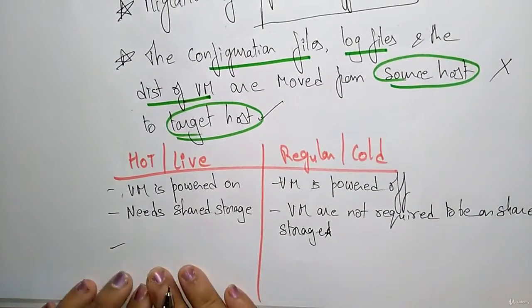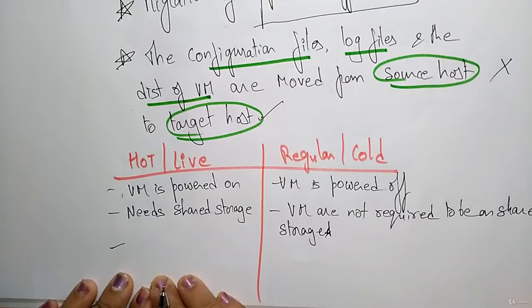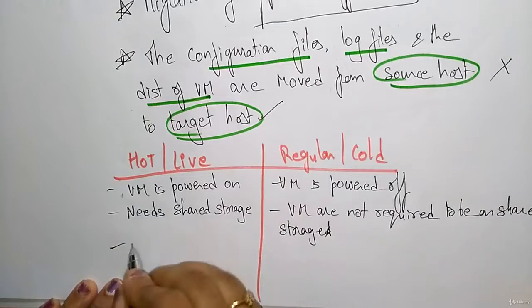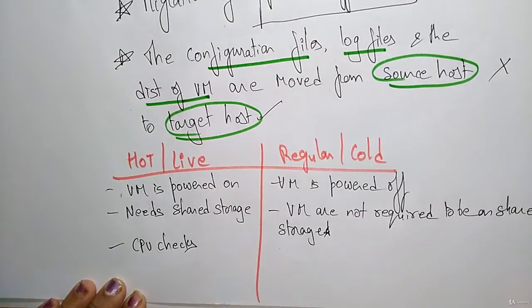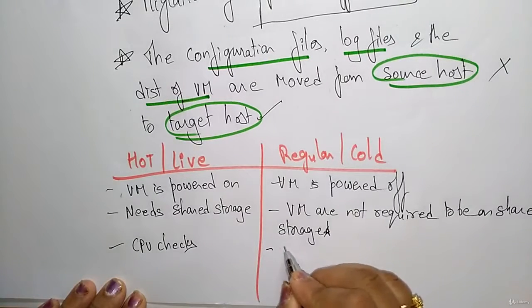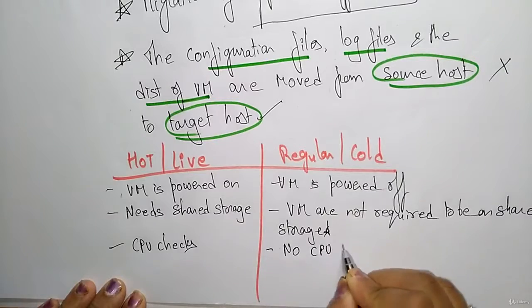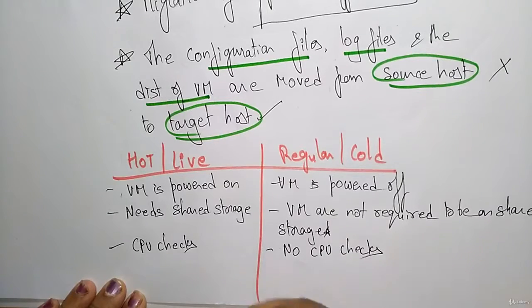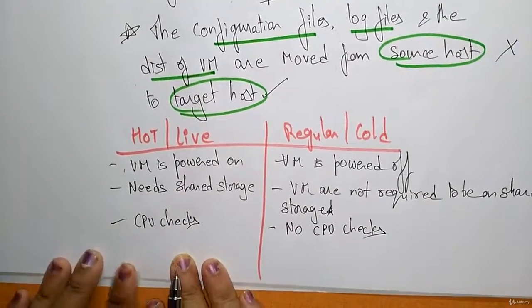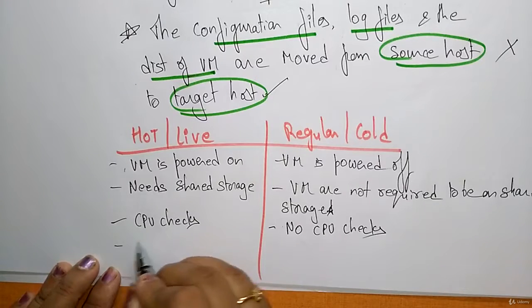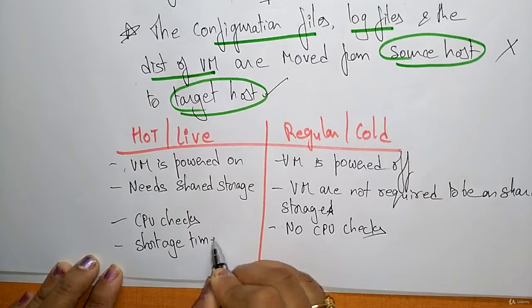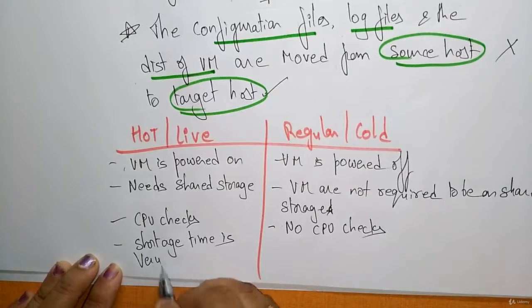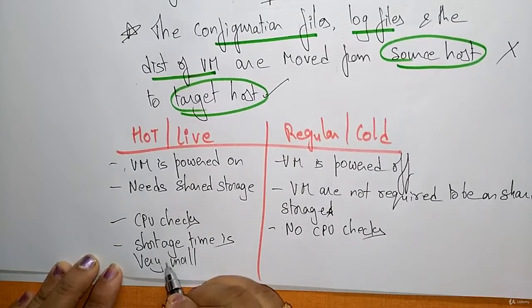Here certain CPU compatibility checks are applied between hosts, and there the CPU checks are not applied. You have to check the CPU status frequently.